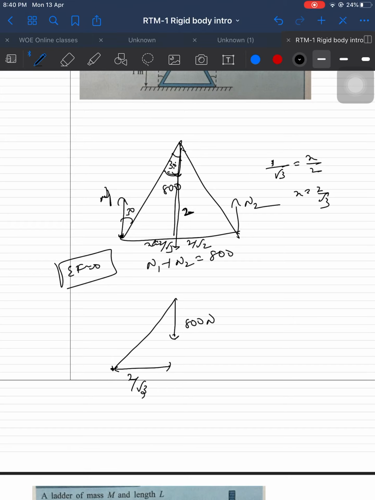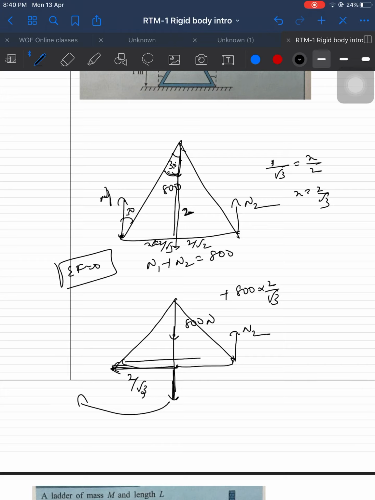And the clock direction is in which direction? The force I am drawing here, 800 Newton in this direction. Okay, it is in anti-clockwise direction. 800 into 2 by root 3, clockwise direction. Remember, plus. Let's consider normal. Normal here N2, and the total distance is 4 by root 3.